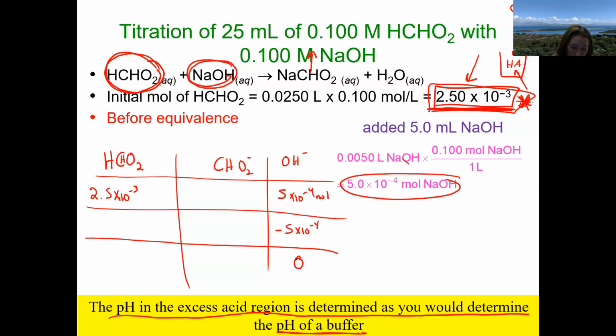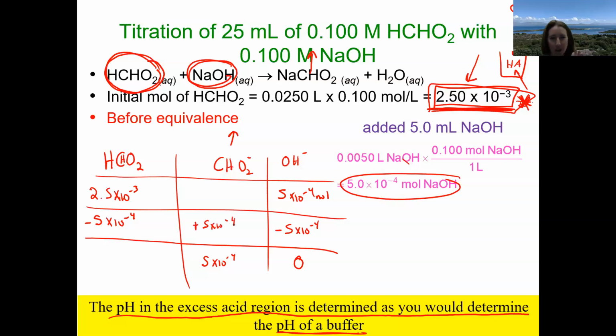Our acid, we're going to use up 5 times 10 to the negative 4 of our acid. And then when we do that, this is going to go up by 5 times 10 to the negative 4, so plus 5 times 10 to the negative 4.